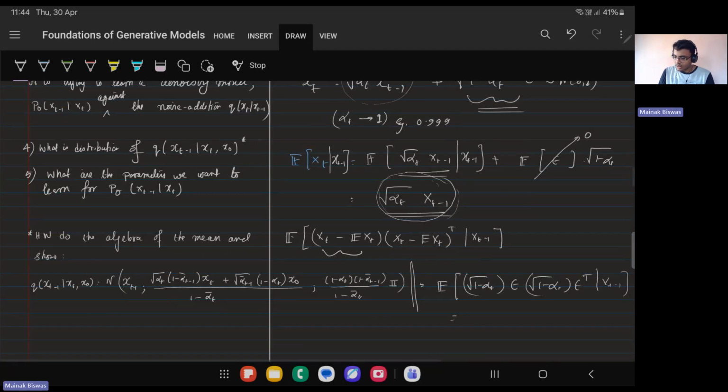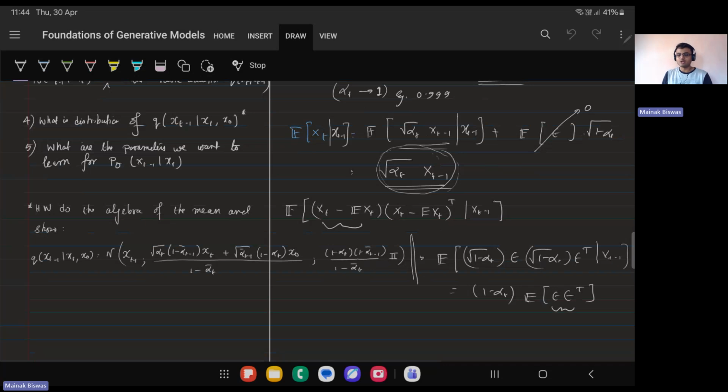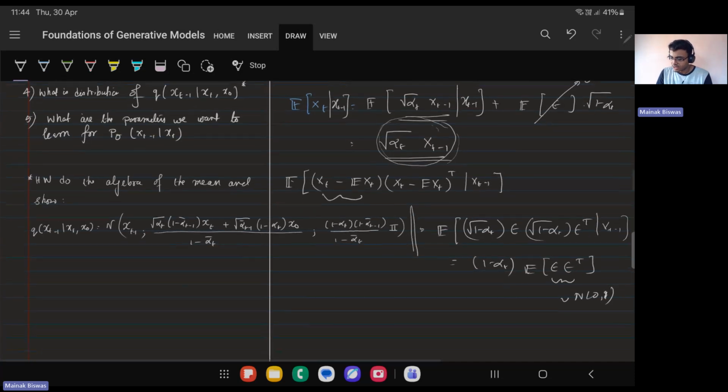So you get 1 minus alpha t and the expected value of epsilon epsilon transpose. The epsilon is already sampled from normal 0, 1, so we already know the variance of epsilon, and therefore this is equal to the identity matrix. So we will get 1 minus alpha t into I.